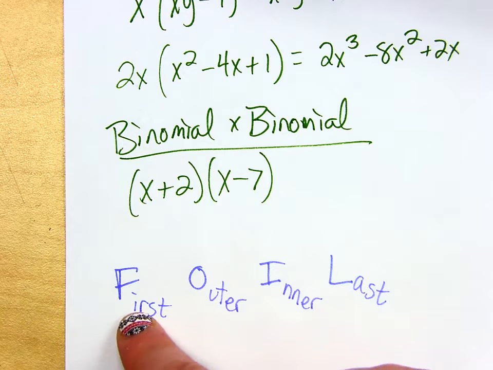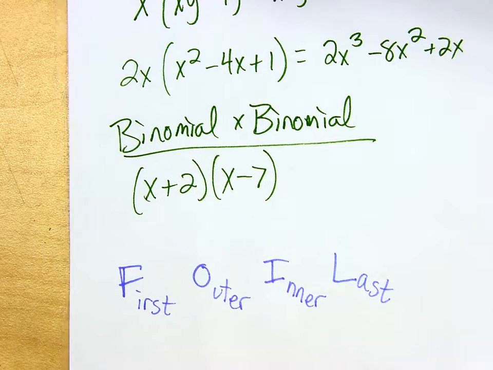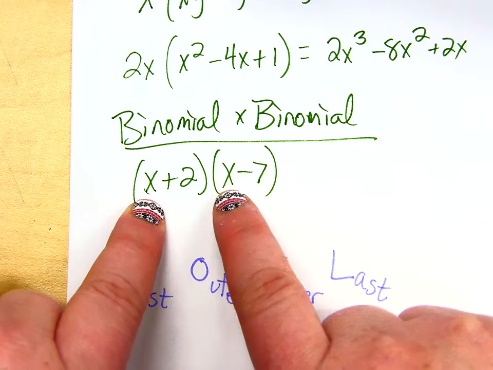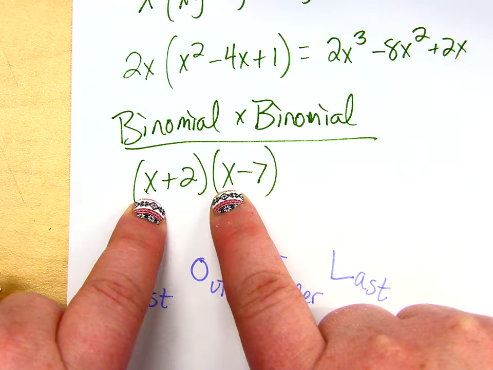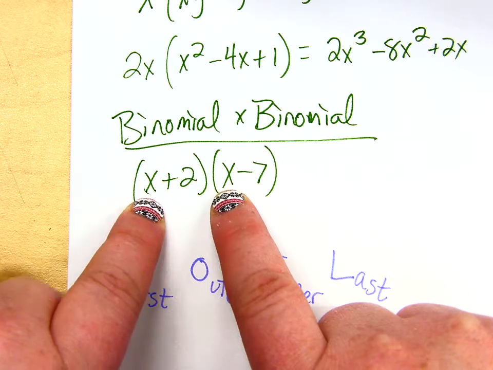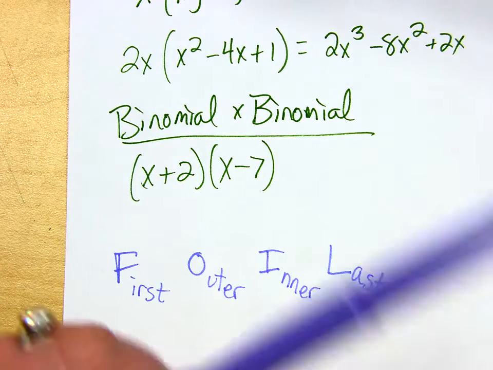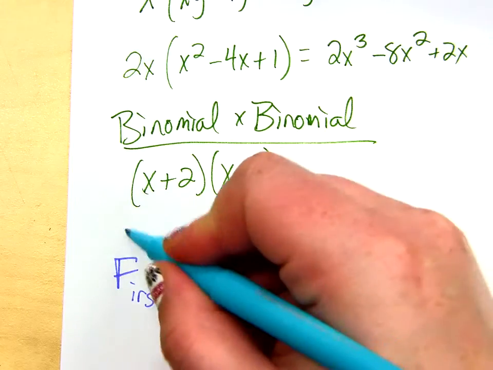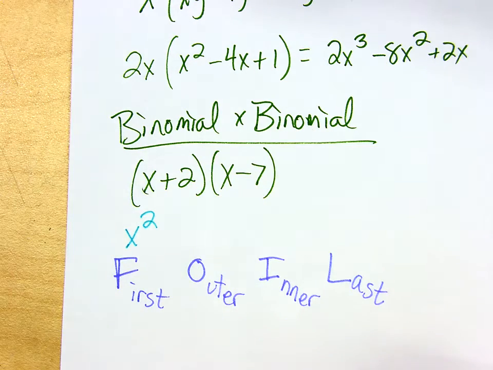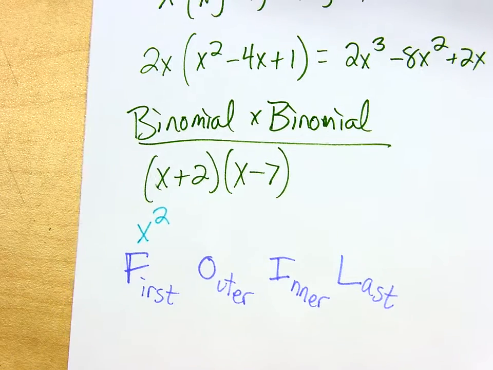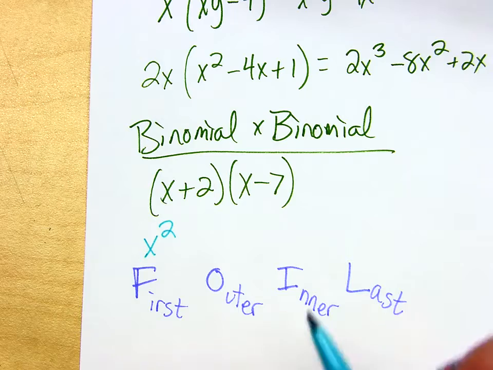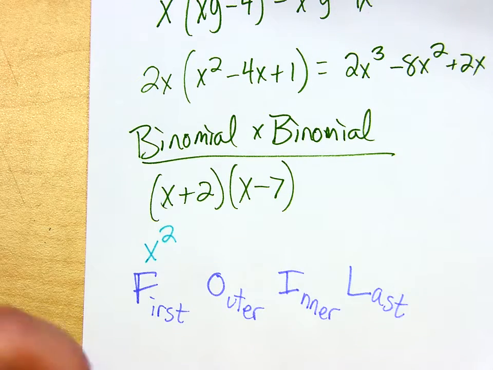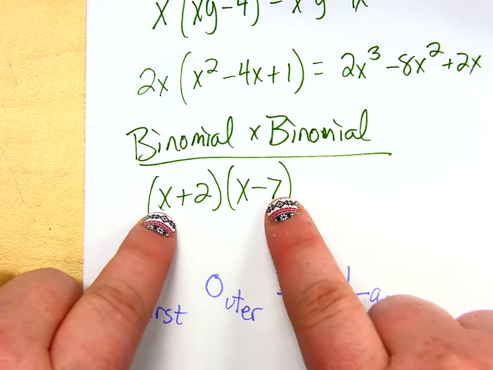First means I take the first term in each of the binomials. In this case, it's x, and I multiply those two together. So what's x times x? X squared. That's my first. O stands for outer, so that means the outside two numbers.